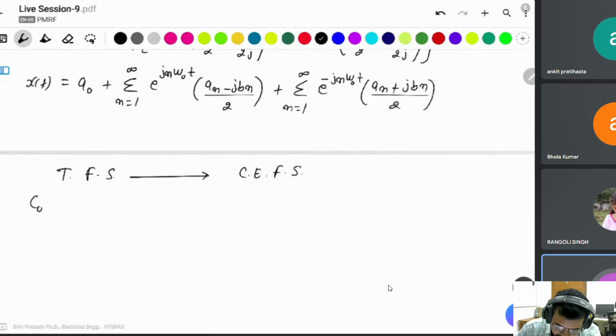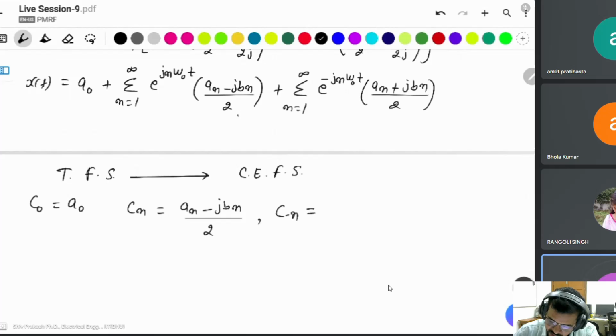In this, c naught is the same as a naught, and cn will be (an minus j bn) divided by 2. This is cn because n is positive here. For negative n, c minus n is equal to (an plus j bn) divided by 2.